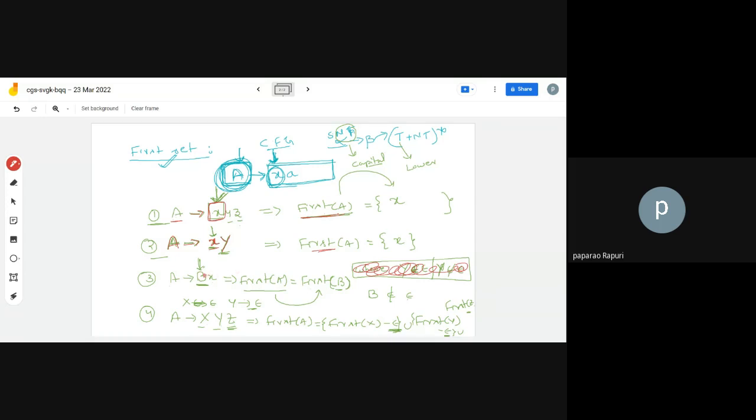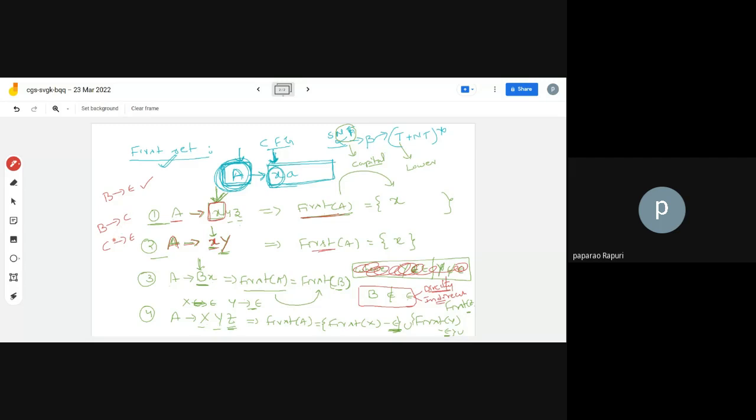Suppose it does not derive epsilon, directly or indirectly. What is directly and what is indirectly? Suppose B derives epsilon, this is the direct case. For example, B is deriving C and C is deriving epsilon.